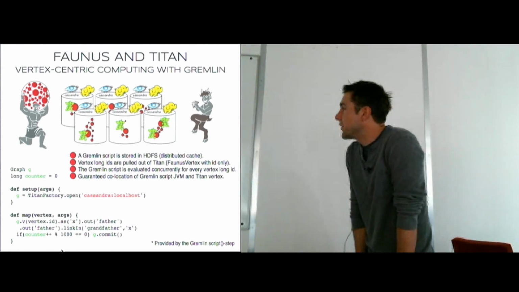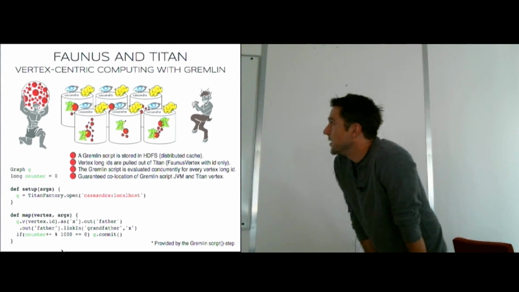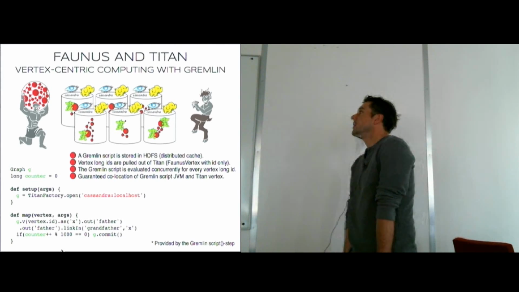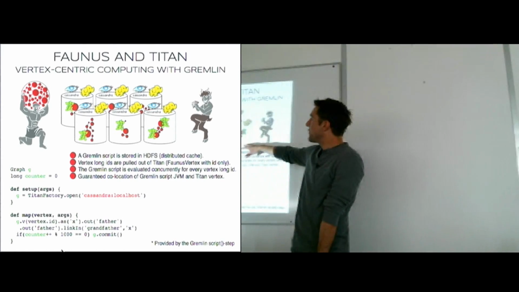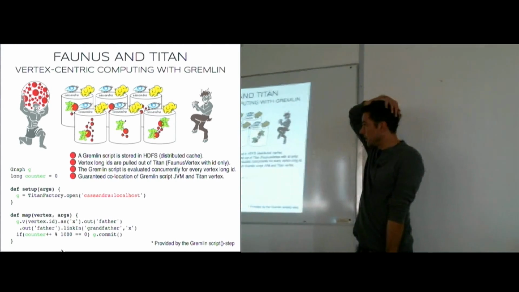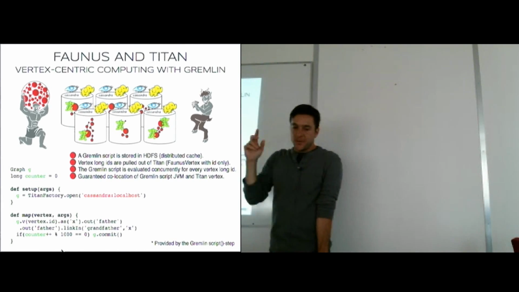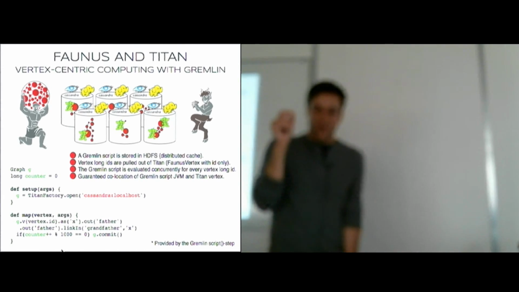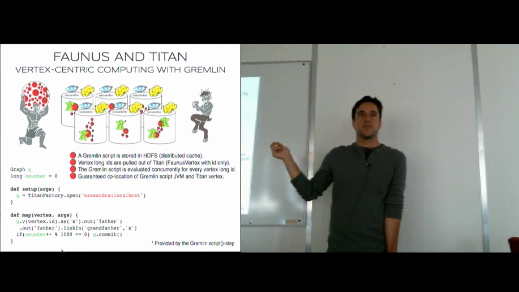And this is perhaps my favorite aspect of using Faunus and Titan, and it's vertex-centric computing with Gremlin. And this idea is, what if you have a graph, and Titan is storing this graph in a cluster for you. And what's nice about Hadoop, and what people use Hadoop for, is that it's an easy way to manage many threads across many machines.